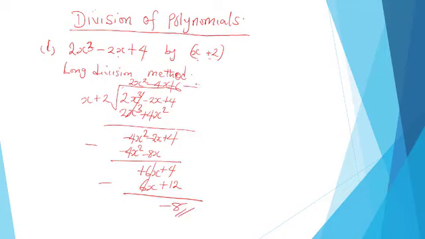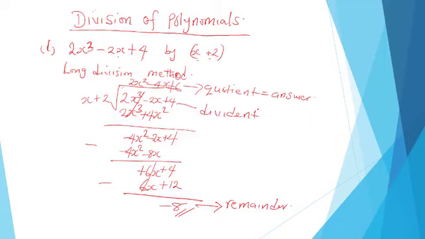This part is called the quotient, which happens to be the answer, and this part is called your remainder. The number that you're dividing is called the dividend, while what you're dividing it with is called the divisor.